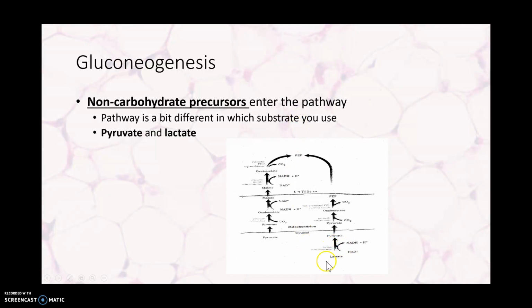And then we can also start down here. You can see how if we start with lactate, it'll eventually be reduced to pyruvate, go back up the chain, back out into the cytosol, and we'll go back up the chain making fresh glucose. So ultimately, it's non-carbohydrate precursors that enter this pathway that can produce fresh glucose. So I said last week that sometimes lactate actually isn't the bad player. We'll talk about this a little bit more in the class.